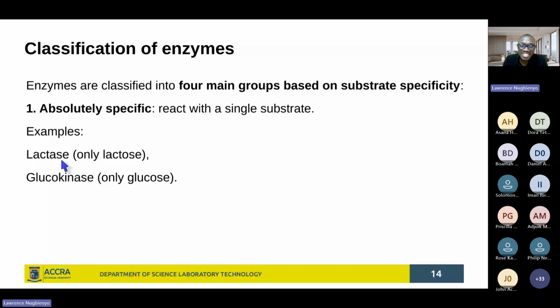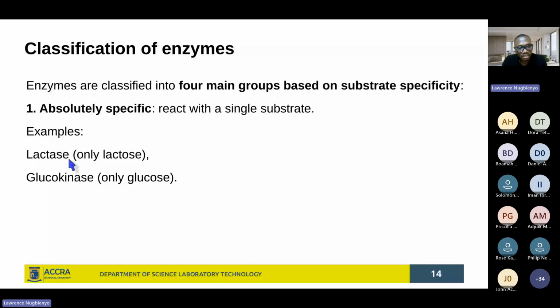I mean, then the name will be misleading. But see, the name tells you that this enzyme is substrate specific. It acts only on lactose, nothing else. So it is absolutely specific to lactose.